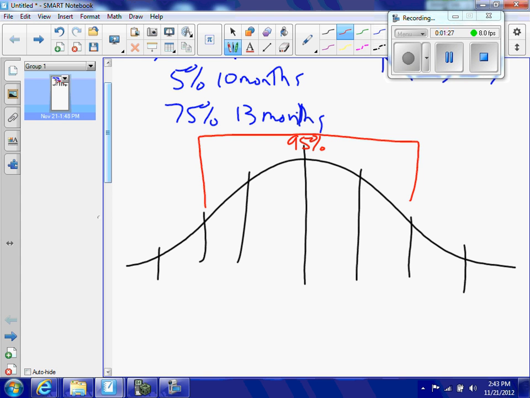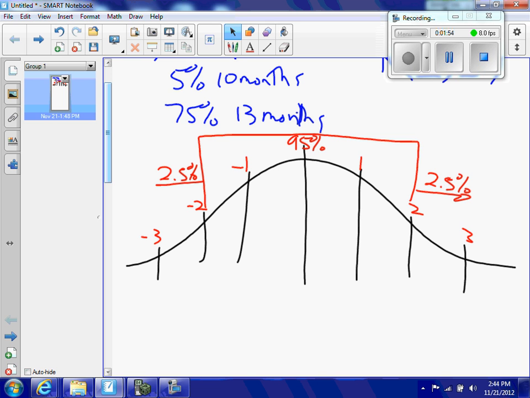I'm taking 95% out of the middle, so that means this last little piece from the second to the third standard deviation is 2.5%. That way, it's 2.5% from the negative third to the negative second standard deviation.